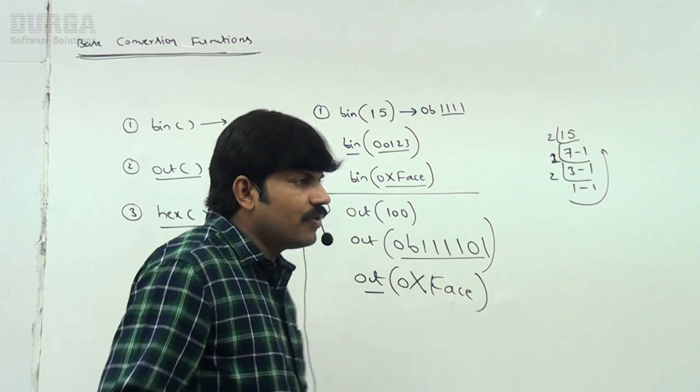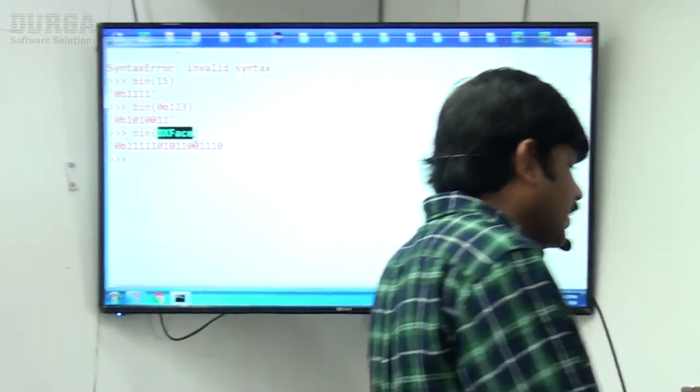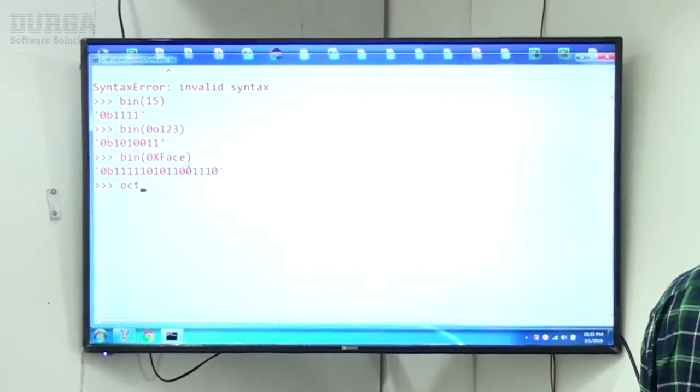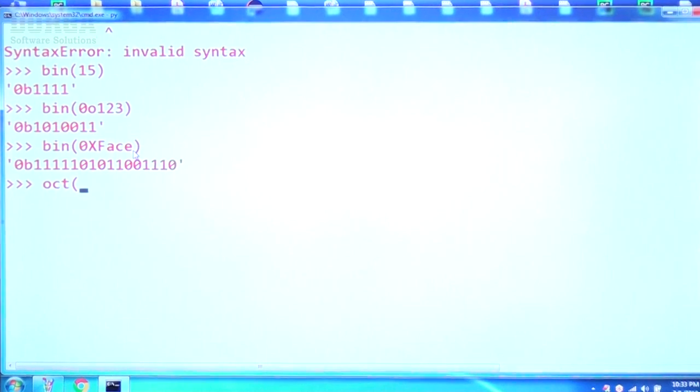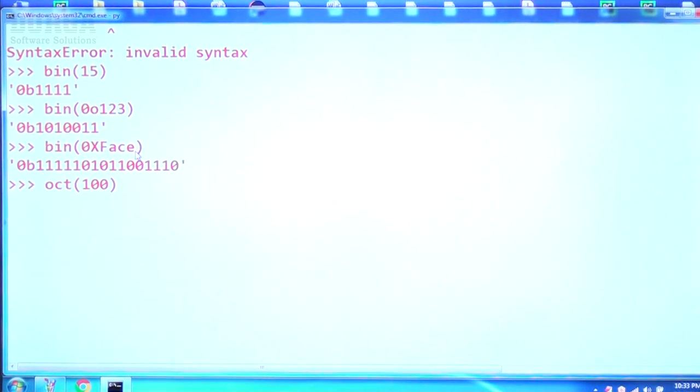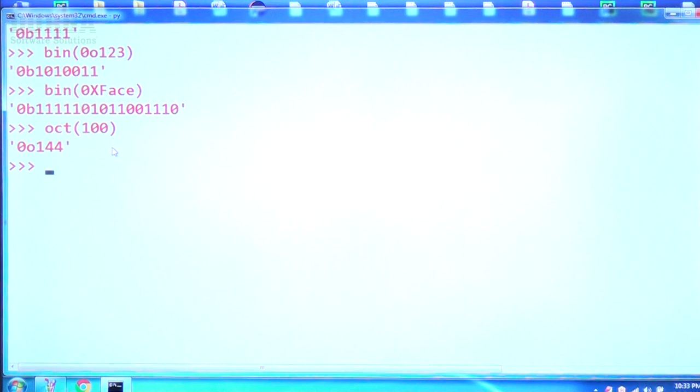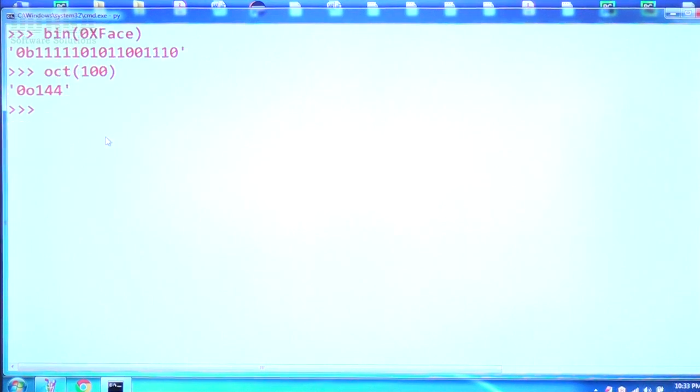Have a look once. Here I am taking oct of 100. If I take oct of 100, 0o144 is the equivalent octal value. Oct of 0b11101, I don't know its value; I want to get the equivalent octal value, 0o75.